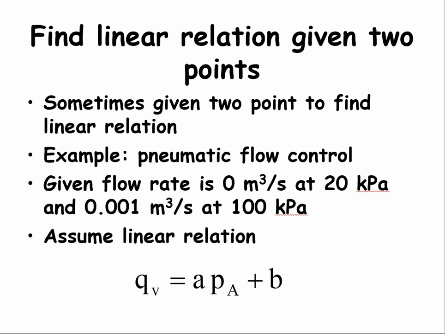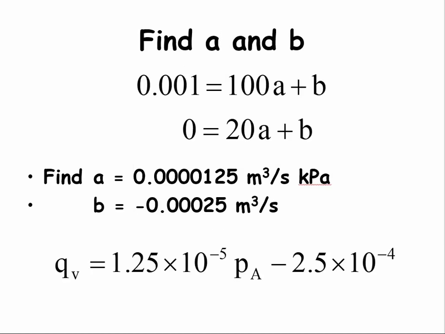We will assume that the relation between the actuator flow rate and the pneumatic control signal is linear, given by QV equals A times the control signal pressure PA plus B. A is the slope. With the two data points, we write two equations.